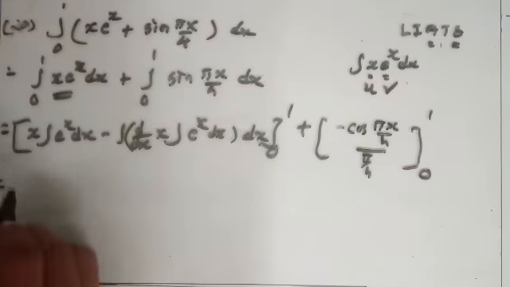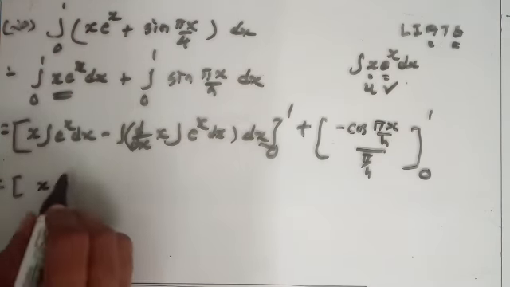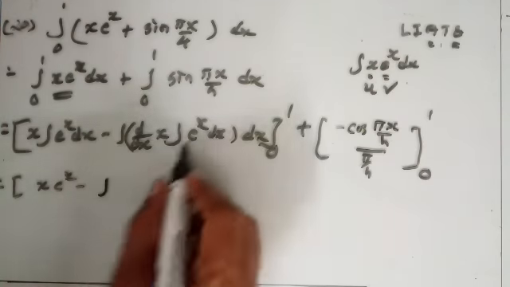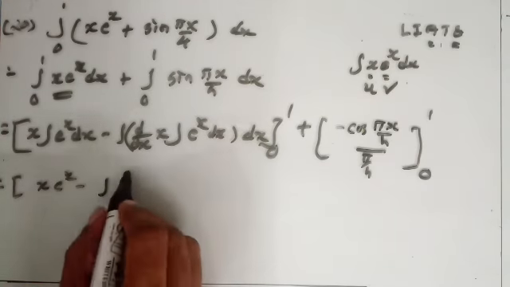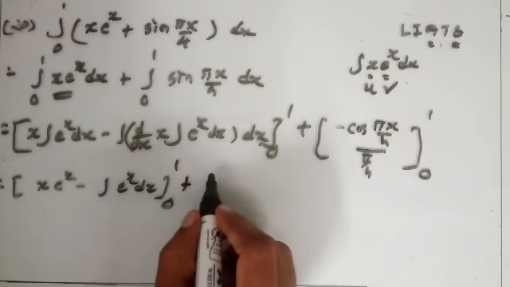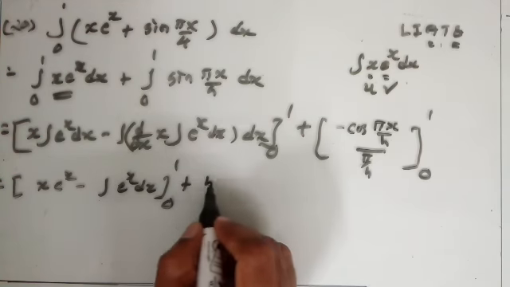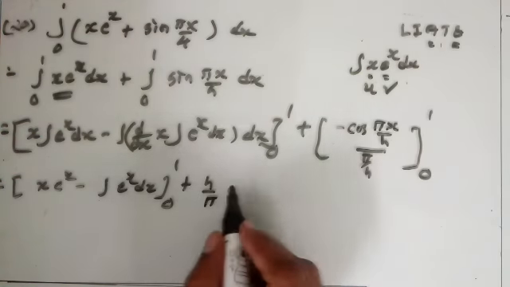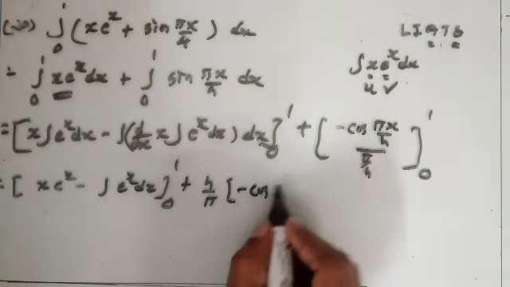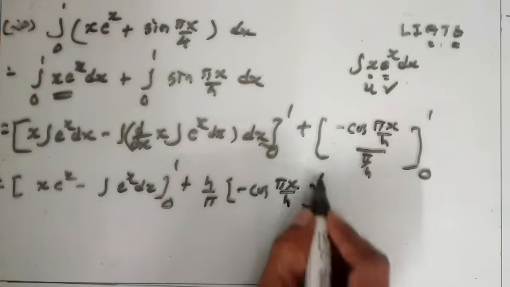So is equal to, now here integration of this is equal to x e raised to x minus derivative of x, which is 1, into integration of e raised to x dx, and the limit 0 to 1, and here 4 upon pi take outside into bracket minus cos pi x upon 4, and apply limit 0 to 1.